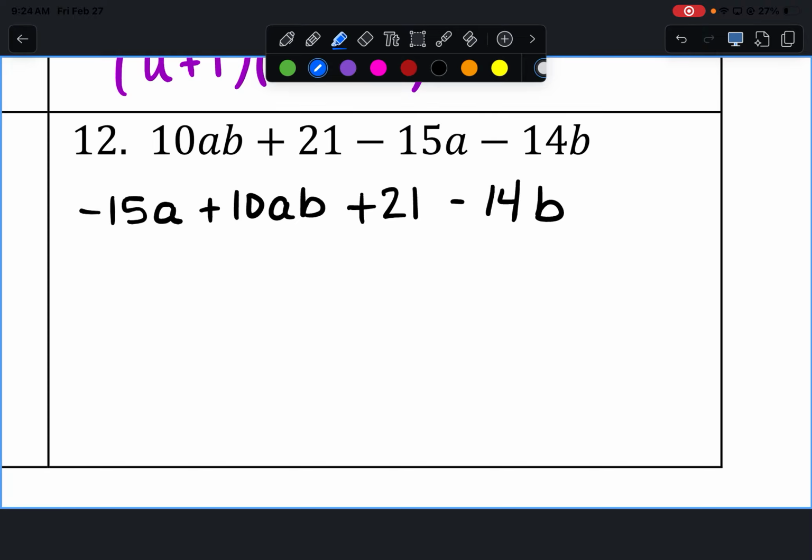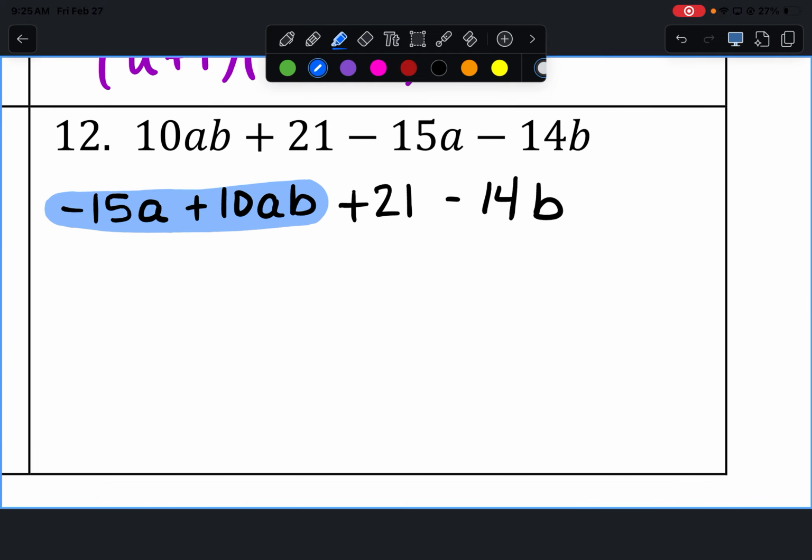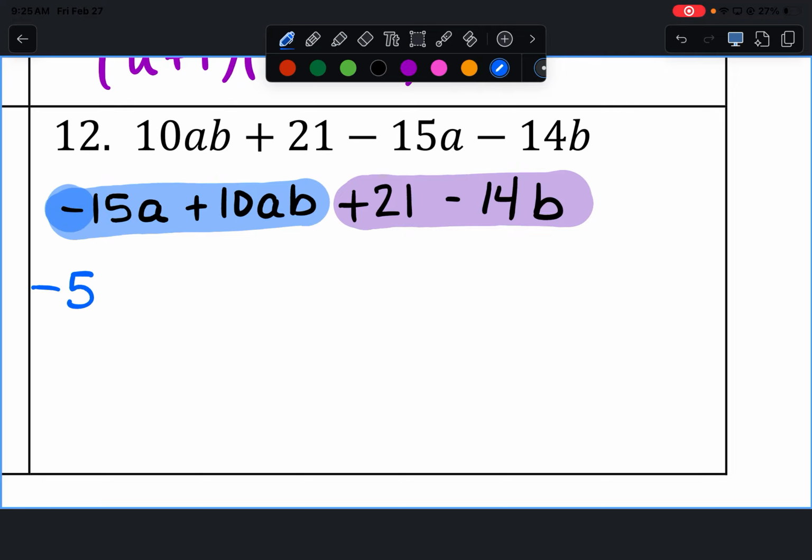Okay, so let's go ahead and group the first two terms and the last two terms. What is our GCF of the first two terms? It will be 5a, but it needs to be what? That first term is negative, so we're going to do negative 5a. Anytime the first term is negative, we pull out a negative, which will leave us with what? 3.